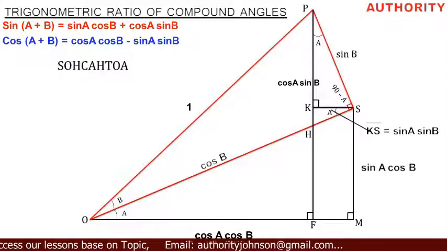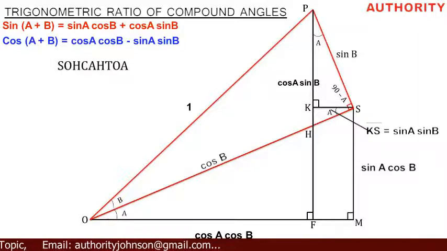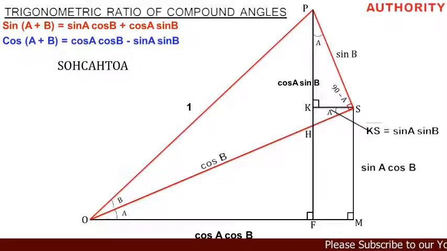Now let's take a look at the triangle OPF. This triangle OPF has the angle A plus B. You can simply say the angle A plus B will give us the angle of OPF. So what is the opposite side of this triangle OPF?